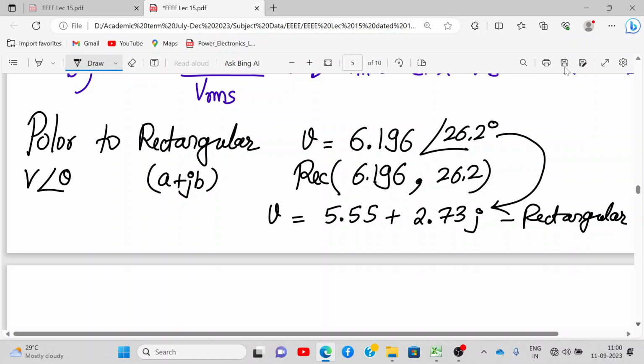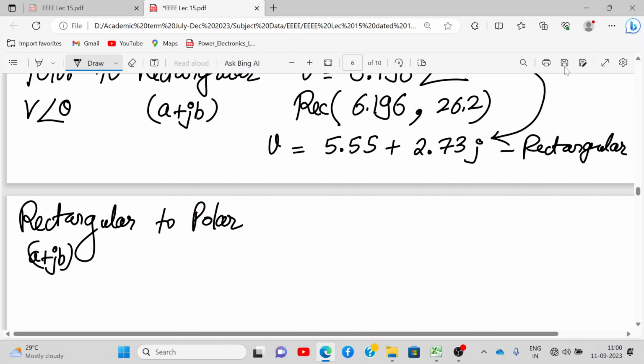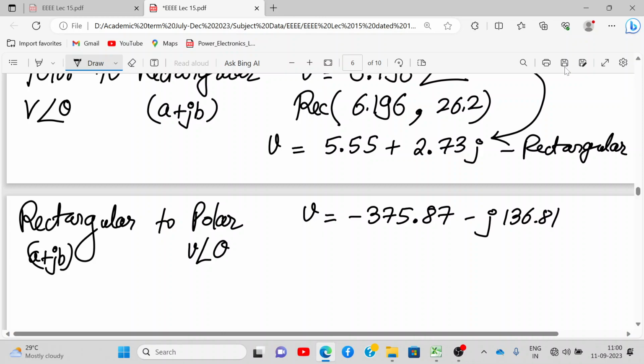Now write down rectangular to polar. Rectangular will be A plus JB and here it will be V theta. So rectangular is given as minus 375.87 minus J 136.81. Don't worry about it. Press shift POL.